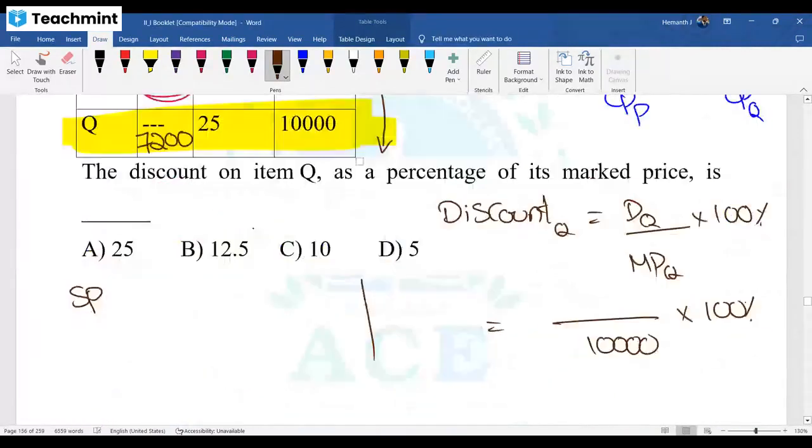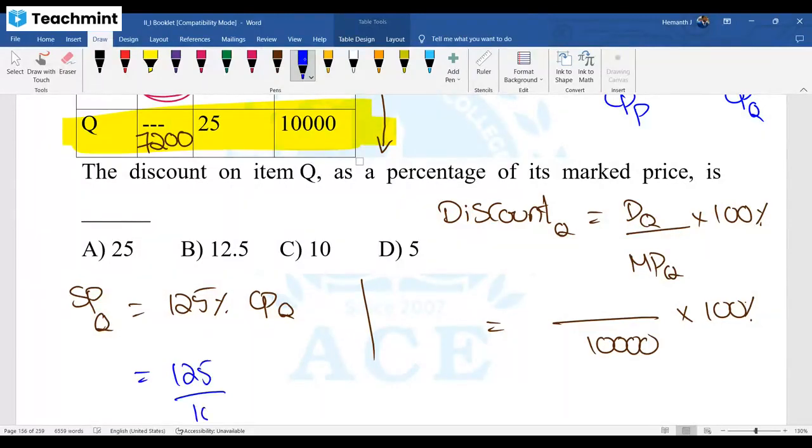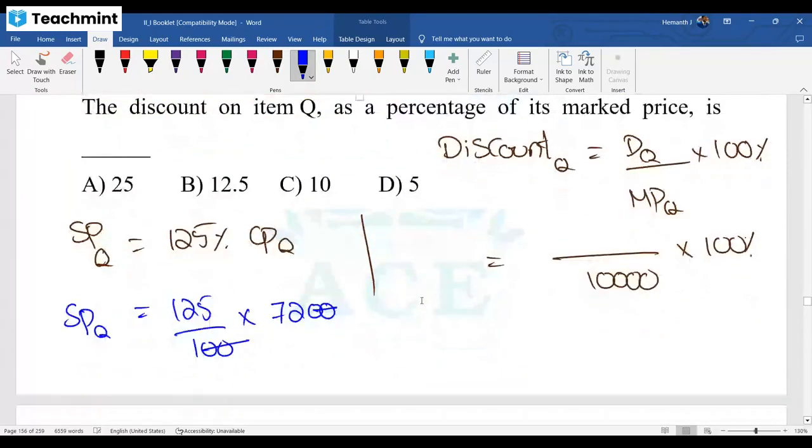So SP of Q equal to 125% of CP of Q. CP of Q is nothing but 7,200. So what is the SP of Q value?